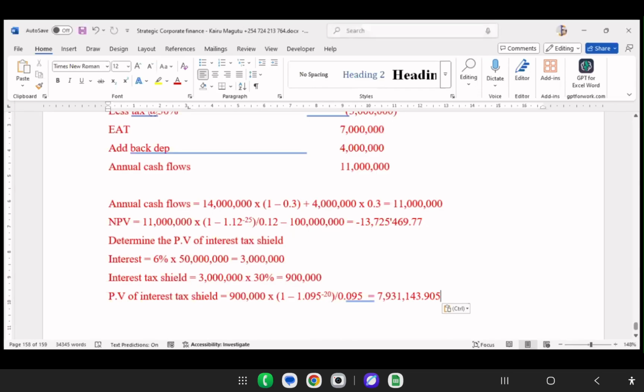That is what you are given by majority. So 79, 31.